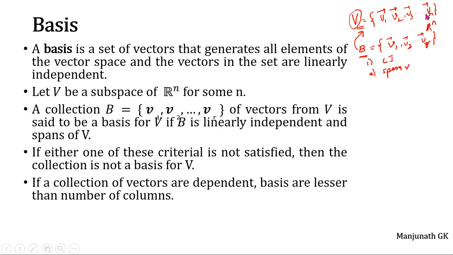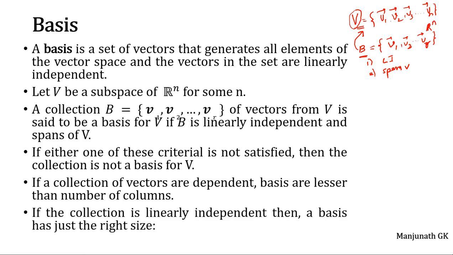The other possibility is that all these vectors are independent. Then you can say that the number of basis vectors is equal to the number of columns.